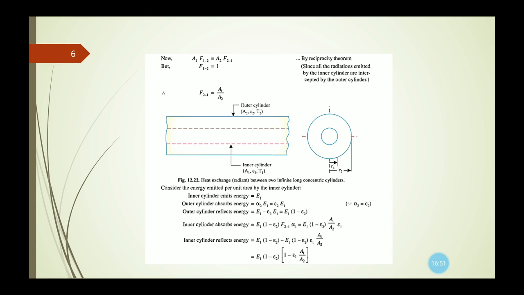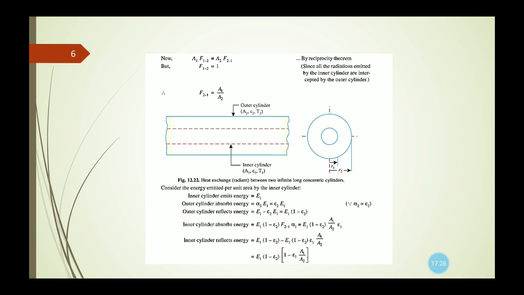Their corresponding emissivities are epsilon 1 and epsilon 2, and the surfaces are maintained at temperatures T1 and T2. Now if we use the reciprocity theorem for the shape factor, then we can write that A1 F12 equals A2 F21. So this reciprocity relation we have discussed in the last lecture.